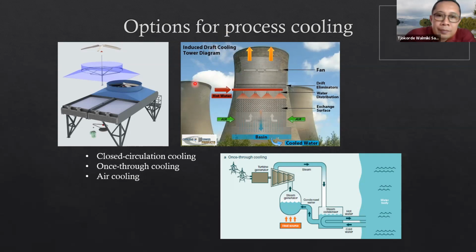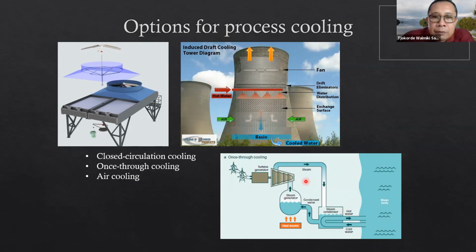And this one is a once-through cooling system, pendinginan sekali lewat. More often than not, once-through cooling uses seawater, or any water body that is large enough. Typically it's the sea.